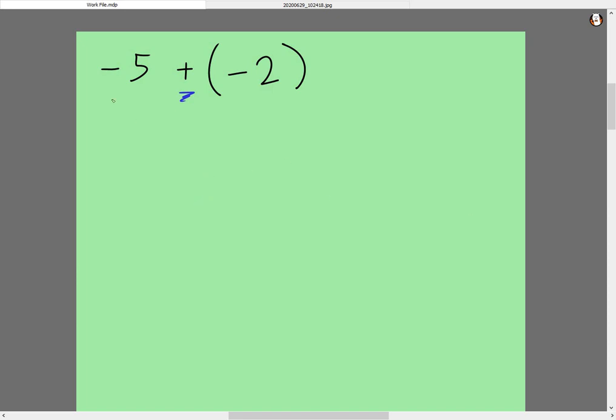So the next thing to do is to compare the signs. These are both negative, right? So if both of these are negative, and I'm adding, then I'm going to add the numbers together. So both negative means add numbers.